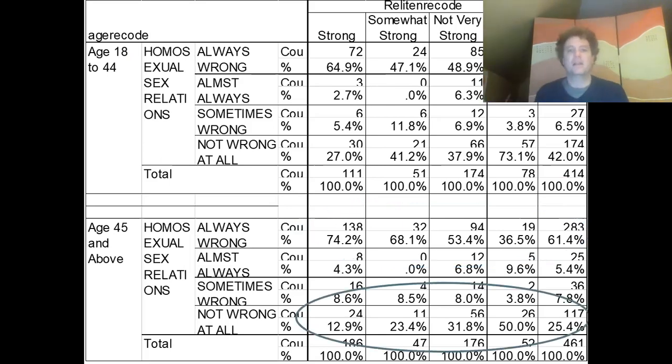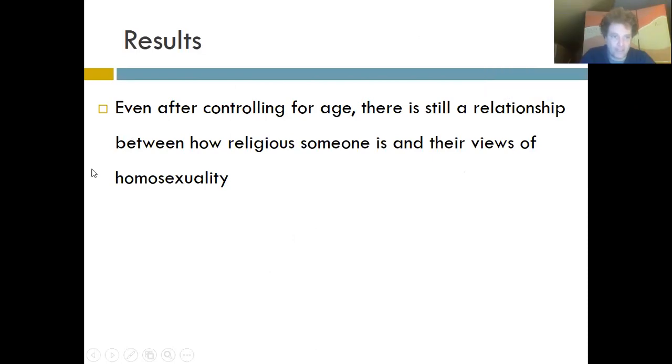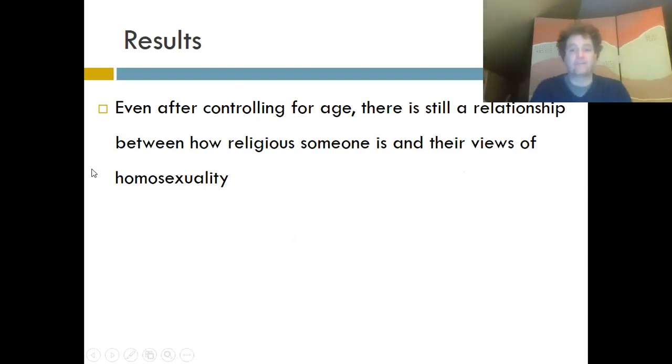We do the last one, not wrong at all. Is there still a relationship? Yes, there is. Somebody who is strongly religious, 12.9% think it's not wrong at all, versus somebody who has no religion, about 50% think it's not wrong at all. And so what we have found is that even after controlling for the age of a person, there is still a relationship between how religious somebody is and their views of homosexuality.